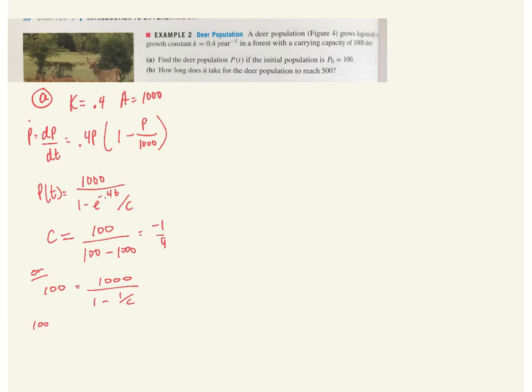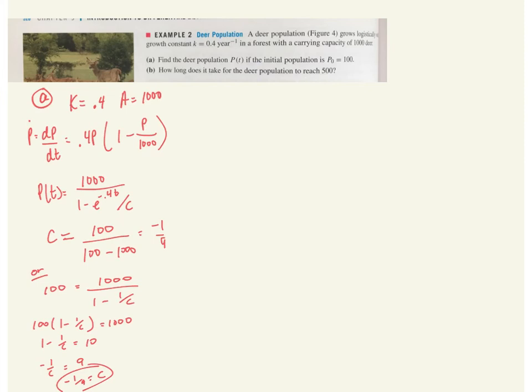So then I'm going to do 100 times 1 minus 1 over c equals 1,000. So then if I divide by 100, right, then I have 10. And I subtract my 1, I have 9. And I move things around, of course I get my negative 1/9.